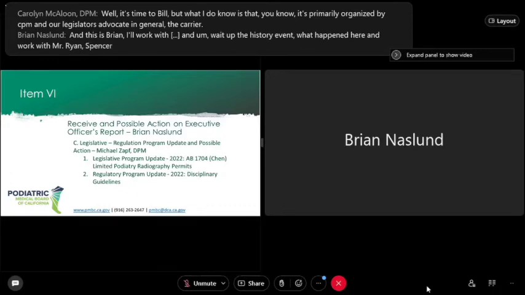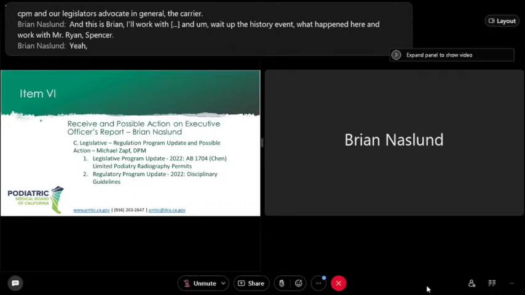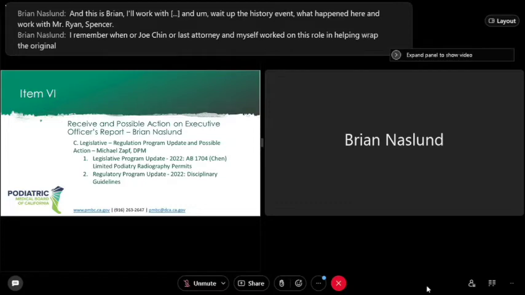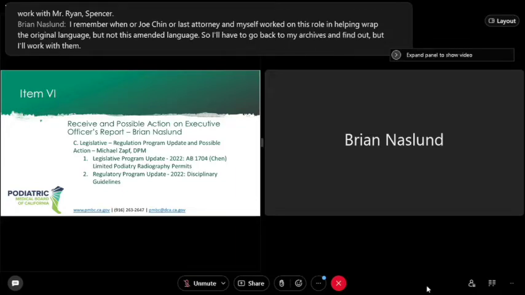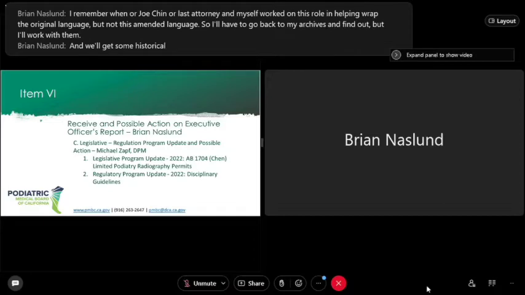I remember when our last attorney, Joe Chen, and myself worked on this bill in helping craft the original language, but not this amended language. So I'll have to go back to my archives and find out, but I'll work with them and we'll get some historical sequences going on.